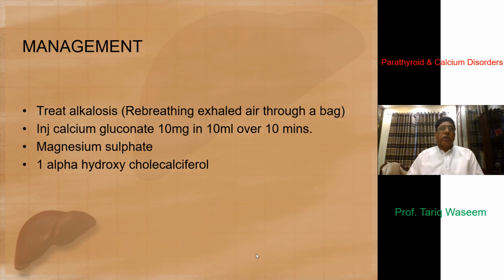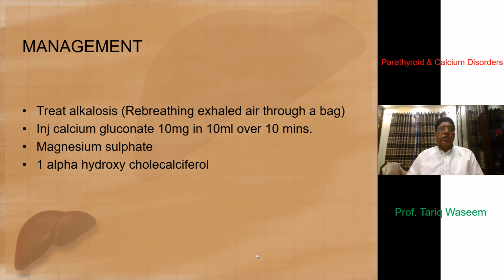The second option is that you give them injection calcium gluconate, which is usually given slowly, 10 milligram in 10 milliliter over 10 minutes. A rapid calcium infusion can lead on to sometimes an increased sense of warmth or maybe sometimes some arrhythmias.